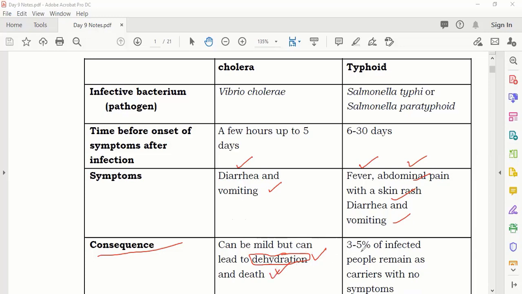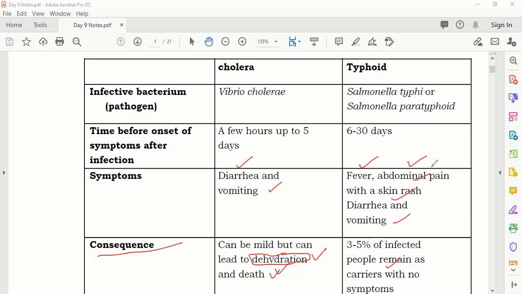And they're saying that 3 to 5% of infected people remain as carriers with no symptoms. Sometimes you will find that people are just carriers, just spreading it, but you will not see any symptoms on them.